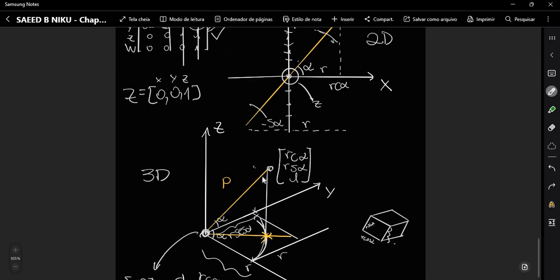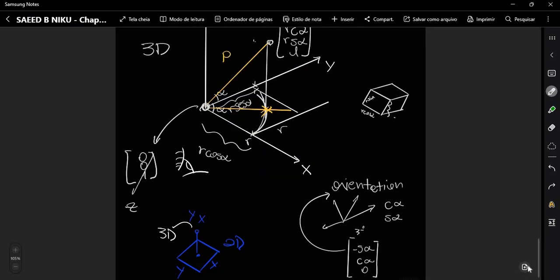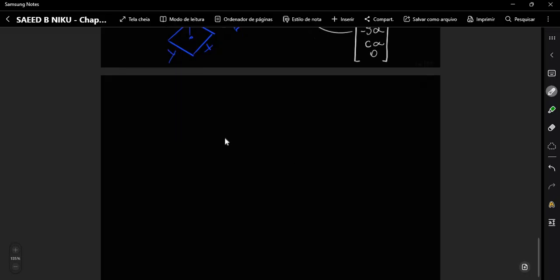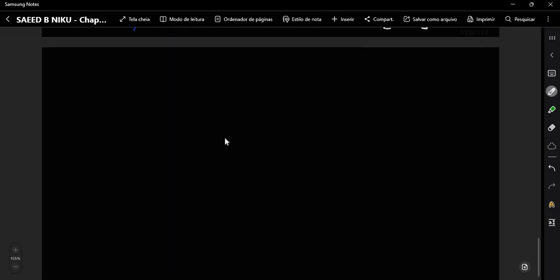Okay, so now I will do what I've been saying since the beginning of this video, which is apply a technique which allows us to do the reverse process, where we get the origin of the point, the vector. So let me write what the book says.